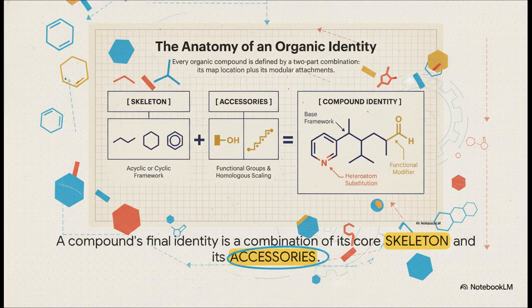And this slide puts it all together beautifully. Look at the molecule on the right. A moment ago, this might have looked totally intimidating, but now we can read its blueprint. We can see the core skeleton, a ring containing a nitrogen heteroatom, and we can see the accessory, a functional group attached to it that dictates its unique properties. The final identity is always a combination of the skeleton and its accessories.